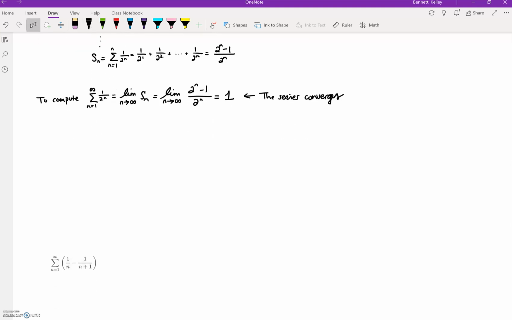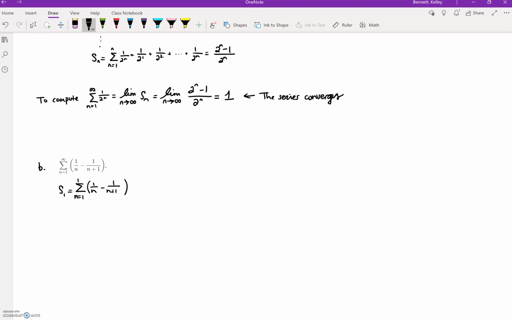So next we're going to look at another example. So this is example B. This one's a bit interesting as well because what's going to happen here, we can take the partial sum. So S of 1 is n equals 1 to 1 of our series, or of our sequence inside the series.